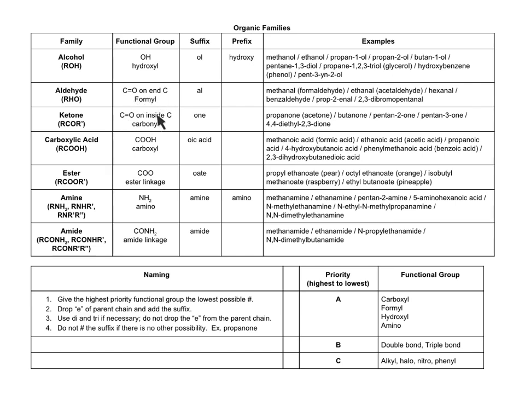If it's on an inside carbon, then the molecule is a member of the ketones, and it is called a carbonyl group. The aldehyde suffix is -al, and the ketone suffix is -one.